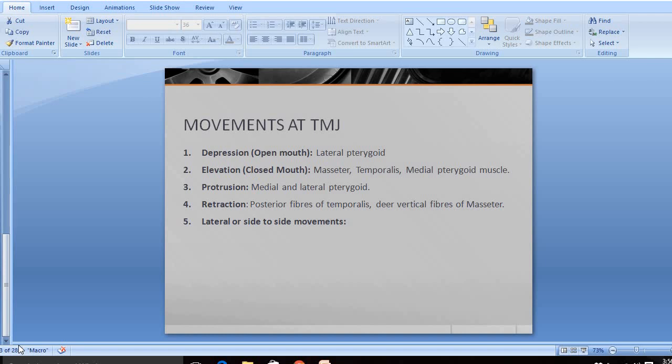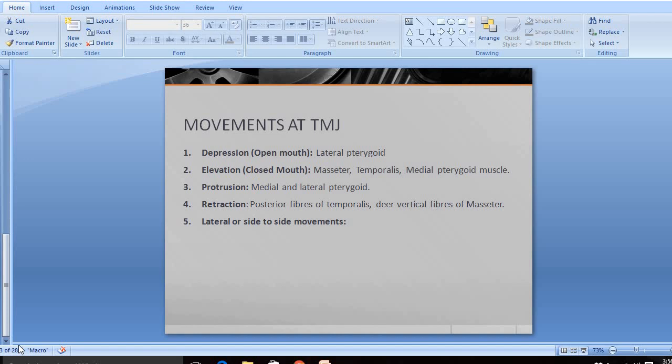So we studied the 5 important ligaments of TMJ: fibrous capsule, lateral temporomandibular ligament, sphenomandibular ligament, stylomandibular ligament, and pterygomandibular ligament. One important disc is called the articular disc, which is the specialty of TMJ. Then we studied blood supply and nerve supply.